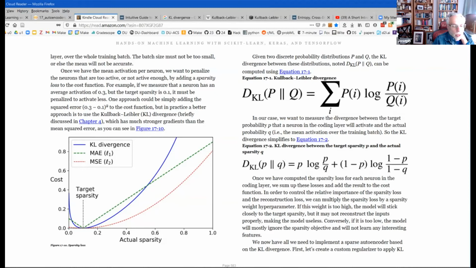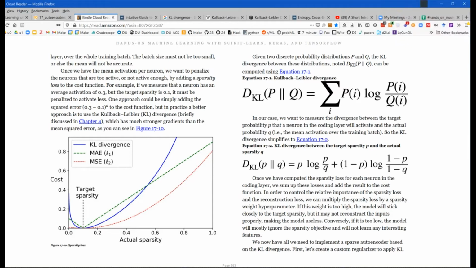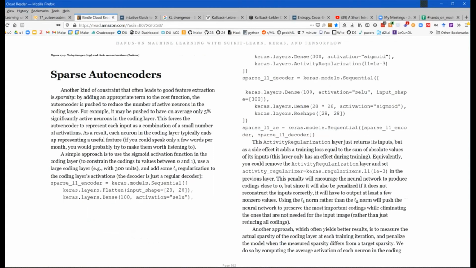Then Srinivas said, maybe what he means implicitly by sparsity is the average activation. So when you want your network to be sparse, you set a parameter for how sparse you want it to be. You want the average activation to be 0.1. Then you look at what the actual average activation is and compare it, and that gives you a loss.